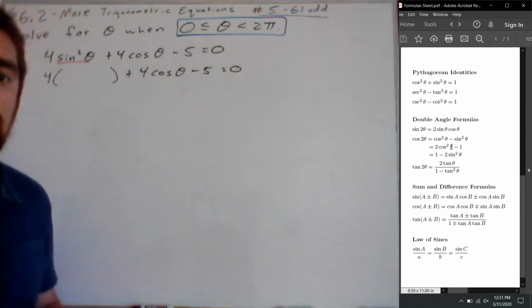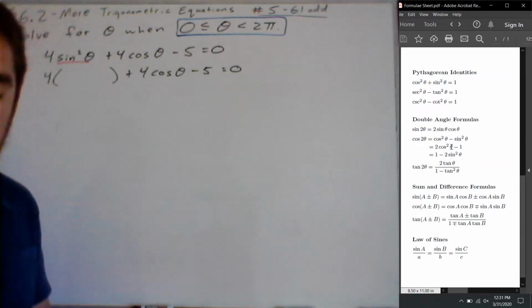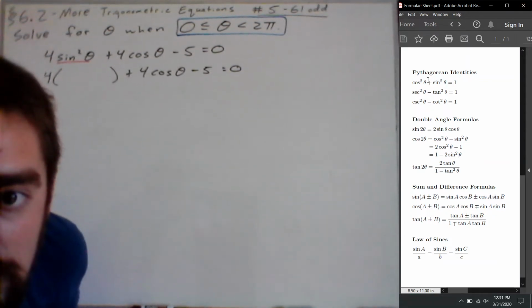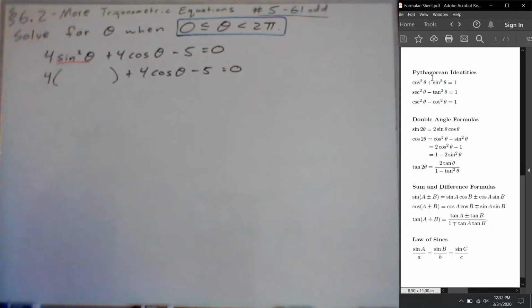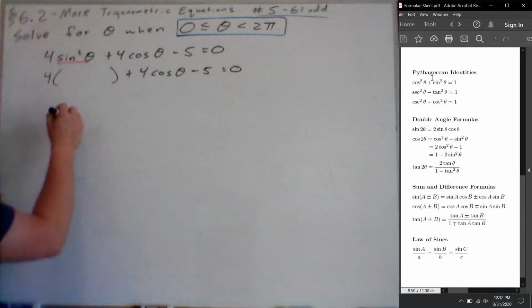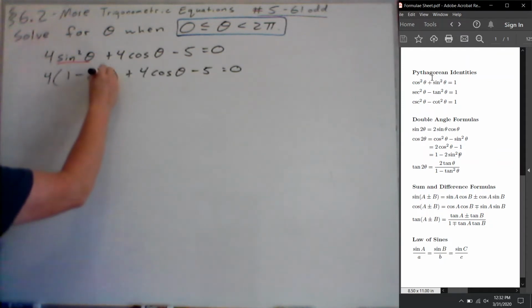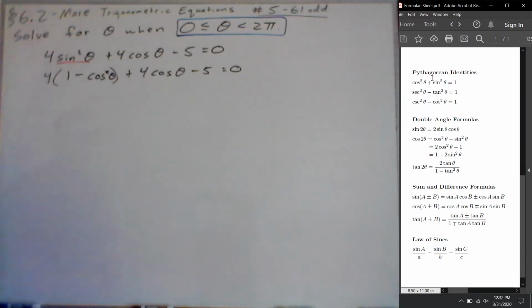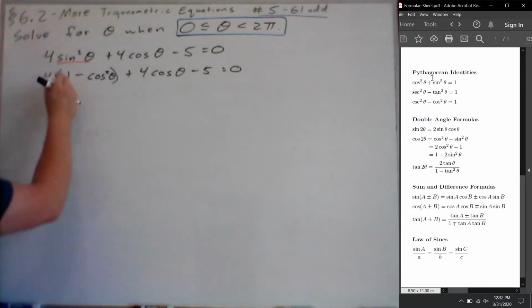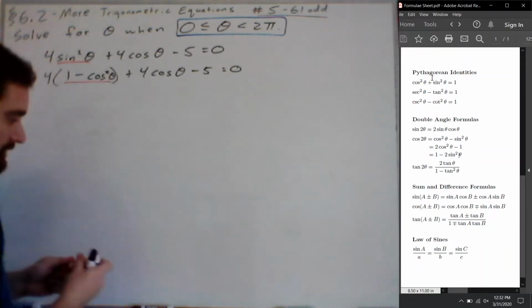Sine squared is 1 minus cosine squared. It's not exactly explicitly solved for sine squared of theta, but if we subtract cosine squared of theta on both sides, we can pick up that nice identity that says I'm rewriting sine squared of theta as 1 minus cosine squared of theta.